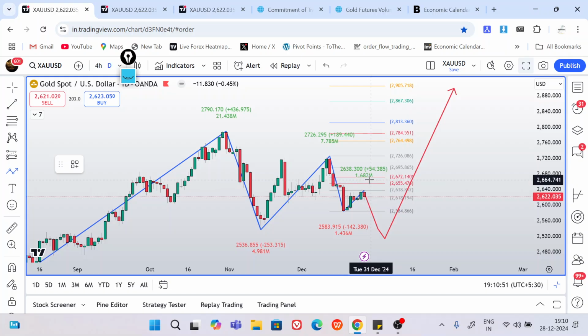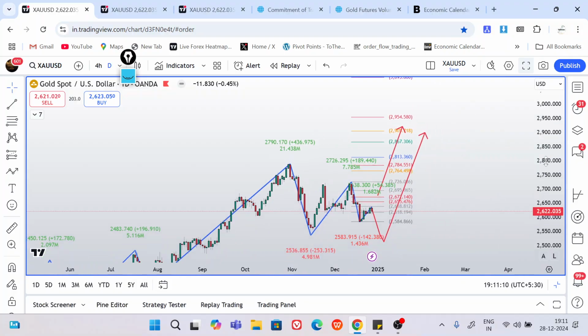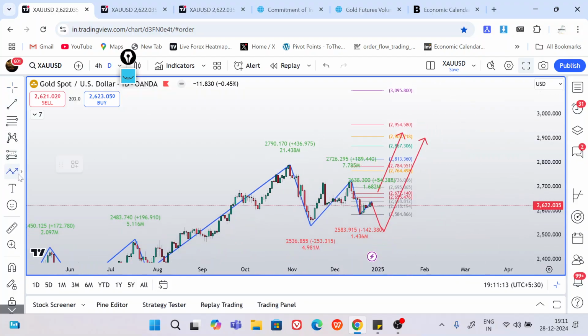Or the second case, if price sustains above this level and does not move to the lower side like this, then we have to wait for a confirmation from this level, and then we can look for the buy. And on the higher side, what is the level that we can consider for a pullback?